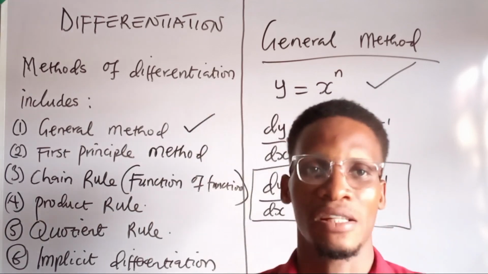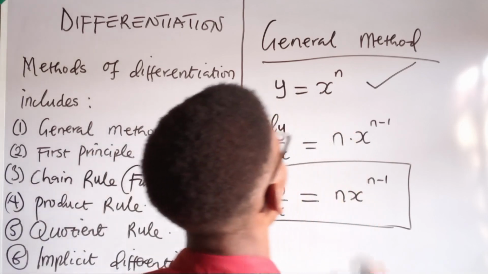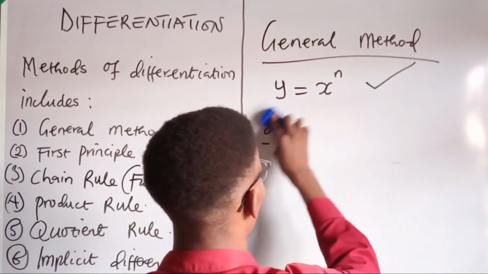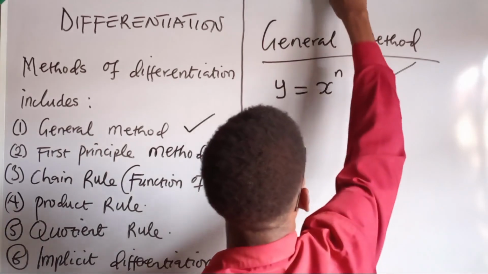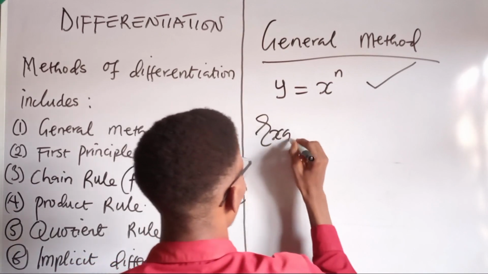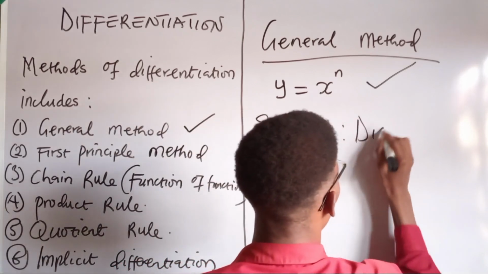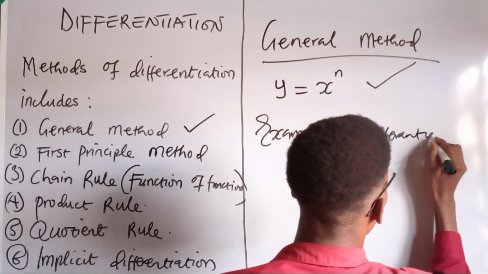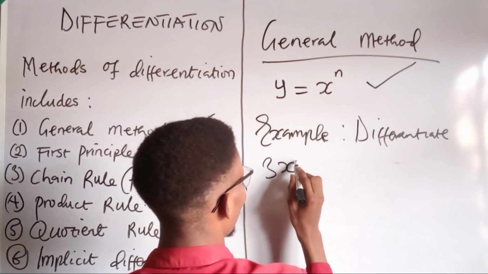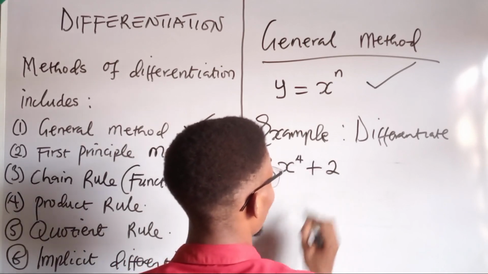But let's look at some examples which will help you understand this method better. Let's say we are given this example: differentiate 3x raised to power 4 plus 2.